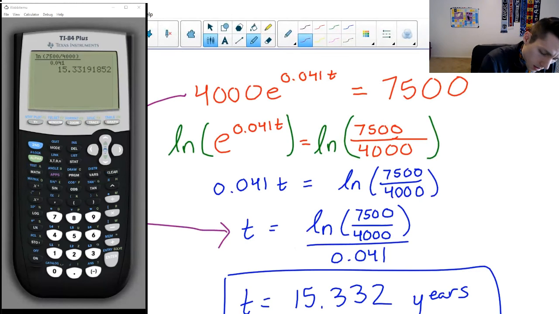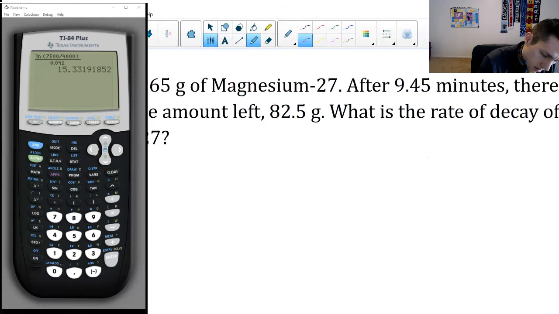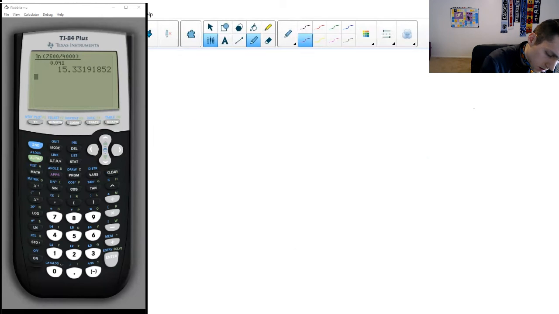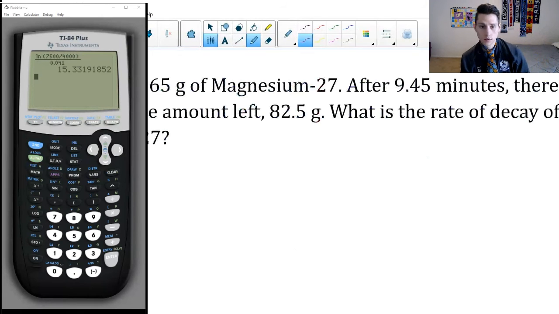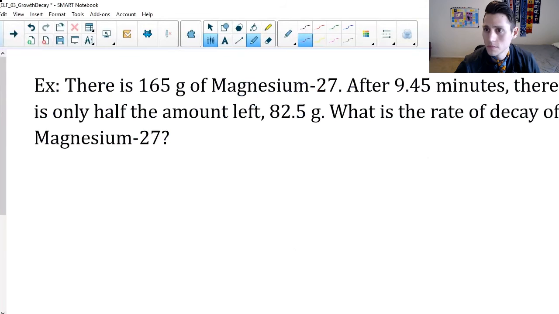Okay. Last one. Let me move my calculator. We have 165 grams of magnesium-27, another isotope. After 9.45 minutes, there is only half the amount left, 82.5 grams. What is the rate of decay of magnesium-27?